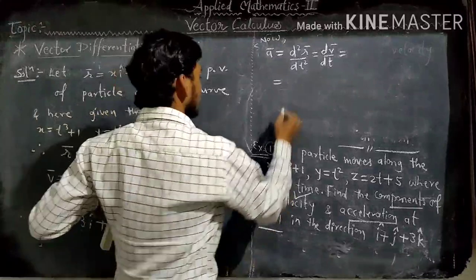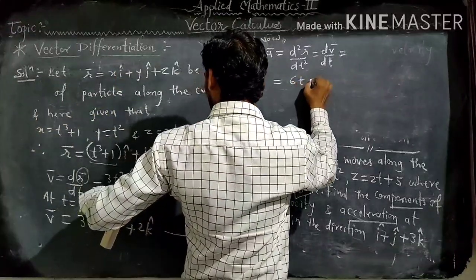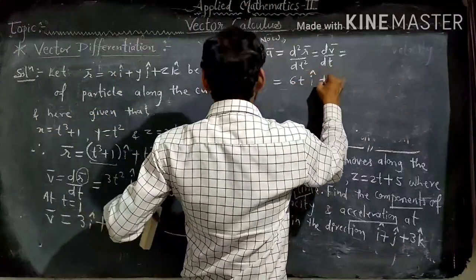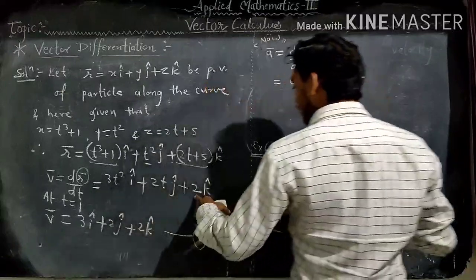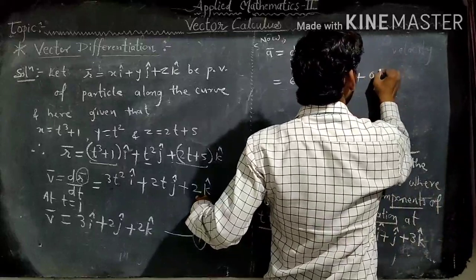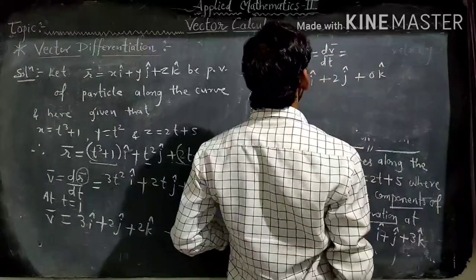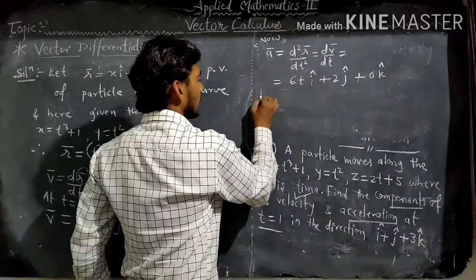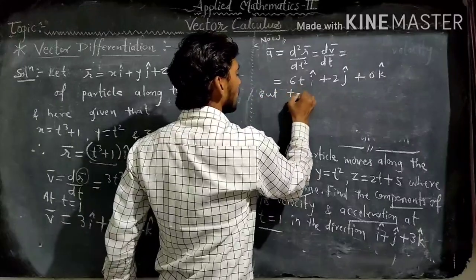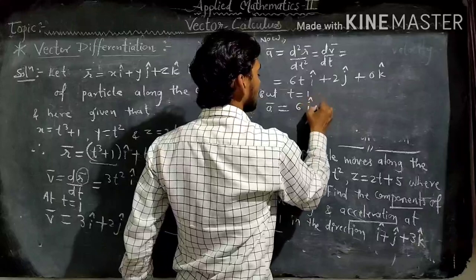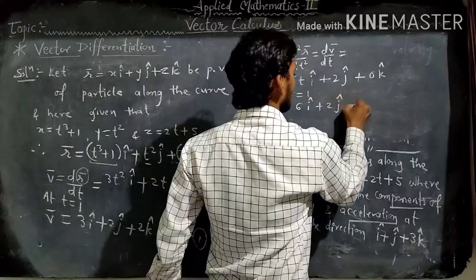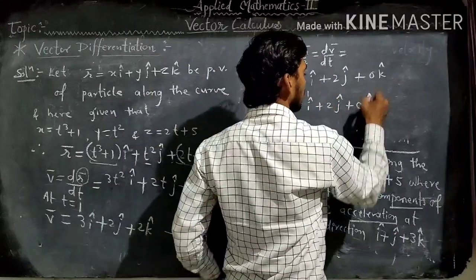So it is 6t i plus 2j plus derivative of 2, which is 0. So it is 0k. But at time t equal to 1, acceleration vector will be 6i plus 2j plus 0k.